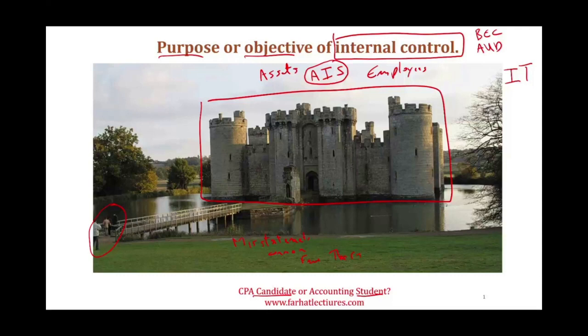They are a threat to our assets and to our accounting information system. They're going to try to convince our employees to commit fraud, to steal money from us, or to budge the financial statements. The fort helps us protect assets, the accounting information system, and the employees.